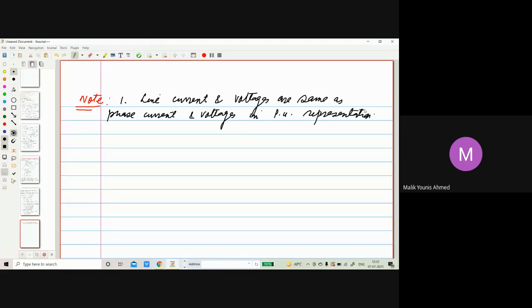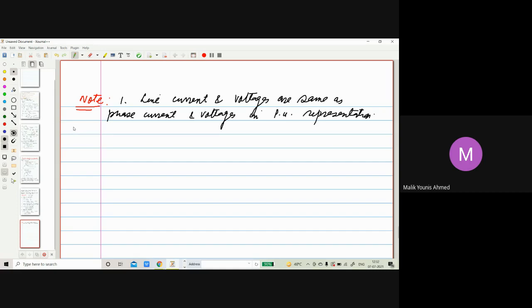So that means whatever the values of line current and line voltages are, the same will be for the phase current and phase voltage in per unit representation.